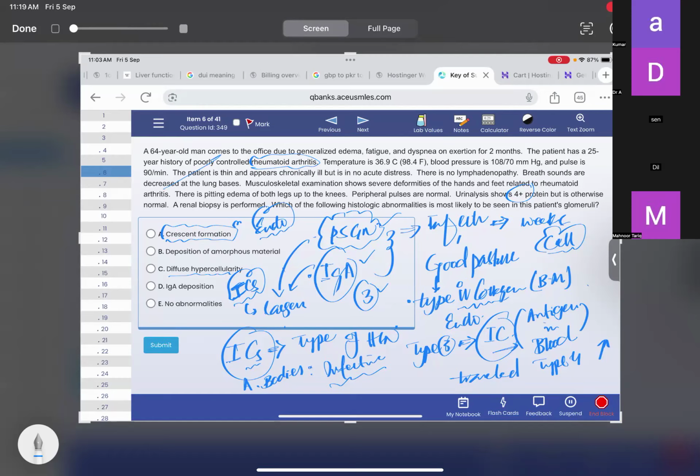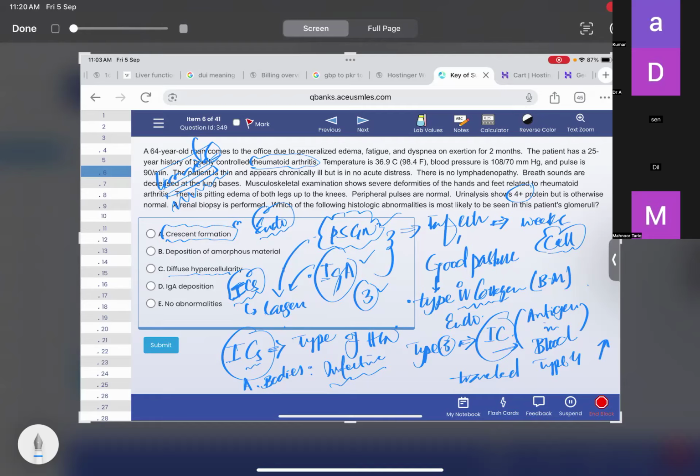We have first endothelium, then we have basement membrane, and then we have podocytes. The endothelium is the first component that will be in contact with blood, okay?